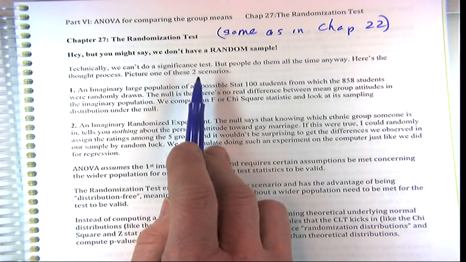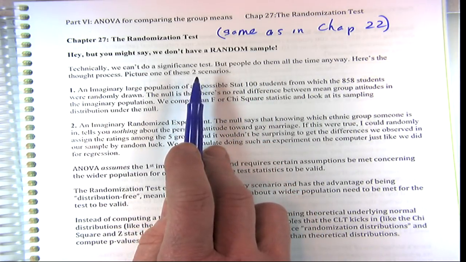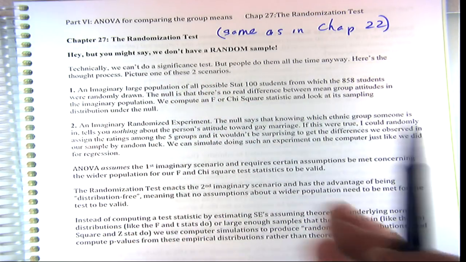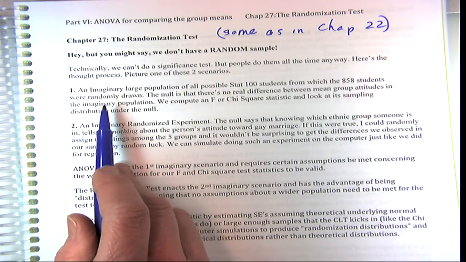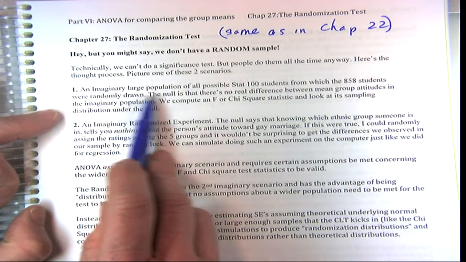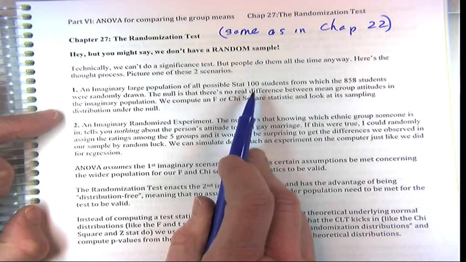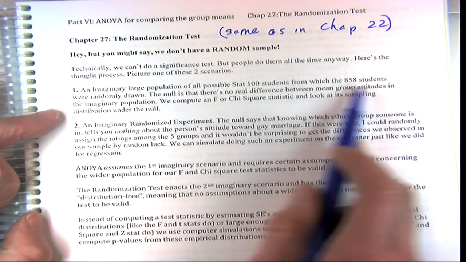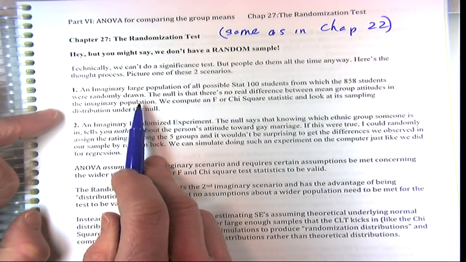And here's the thought process, and you should really think about this no matter what you're doing, to make sure it makes sense to do a randomization test or a significance test. Okay, so you either imagine a large population of all possible Stat 100 students, and that's what we've been doing all along, from which 858 students were randomly drawn.